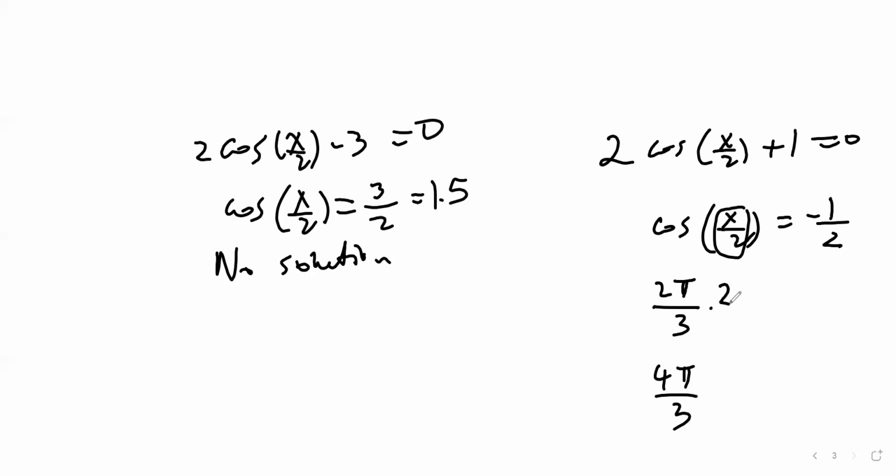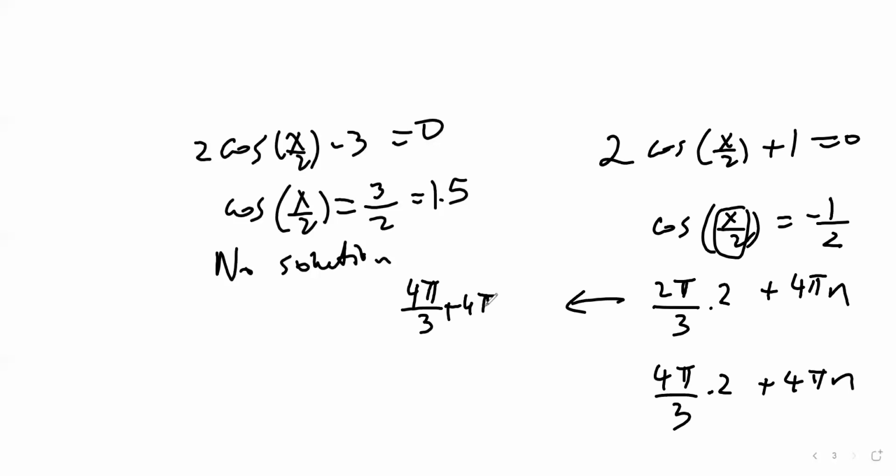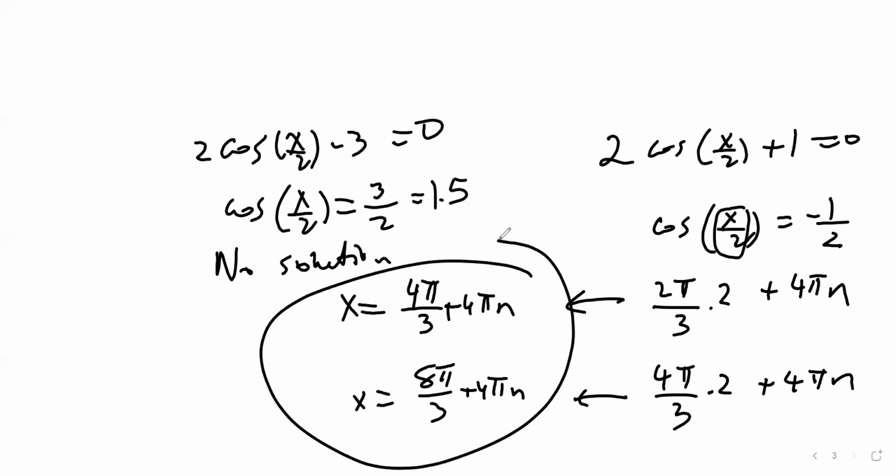So multiply this by 2, multiply this by 2, and add the period, which is 4 pi n. So therefore, this solution will be 4 pi over 3 plus 4 pi n, and this solution will be 8 pi over 3 plus 4 pi n. That's all the solutions in this form, basically.